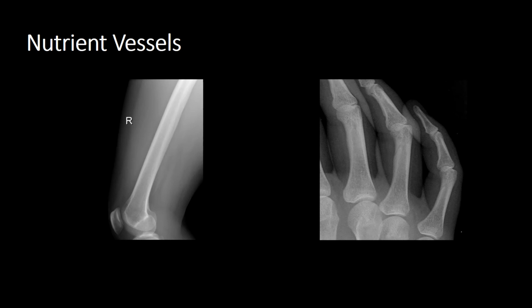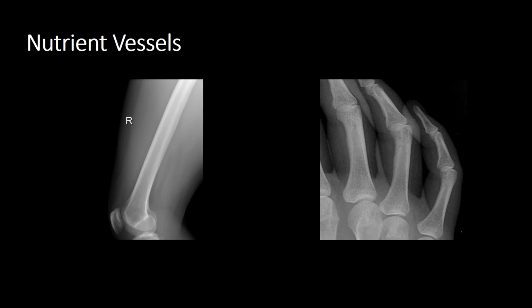In the femur, they run away from the knee. In the fingers, they run towards the distal end of the fingers. In the elbow, they run towards the elbow. You only visualize them in profile, so you should never see them in two views.